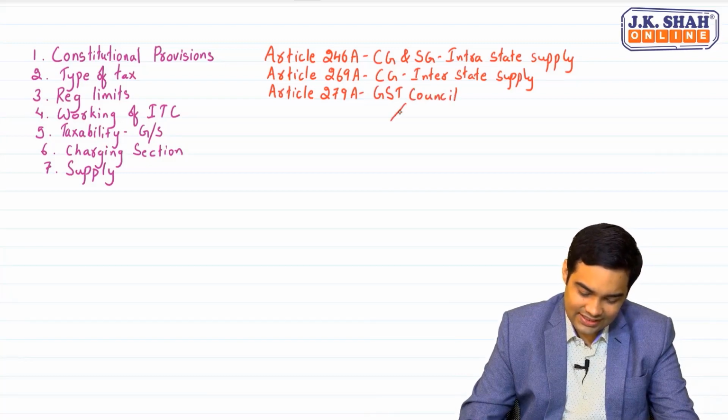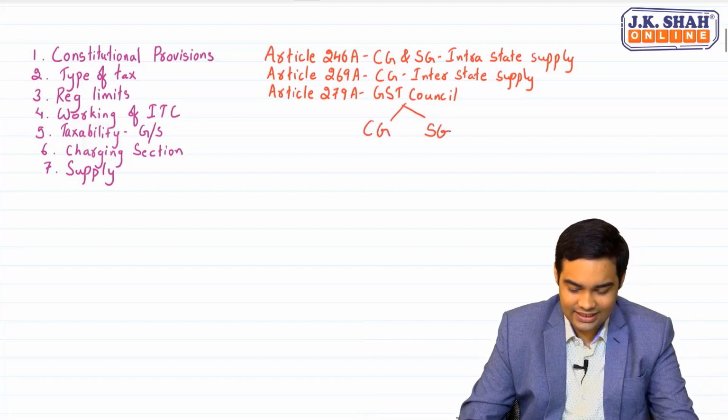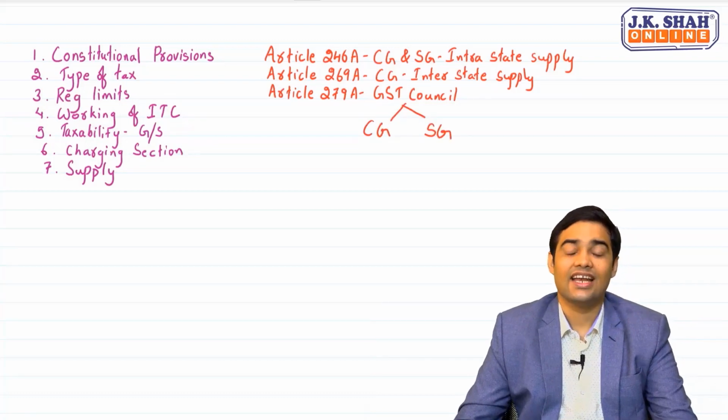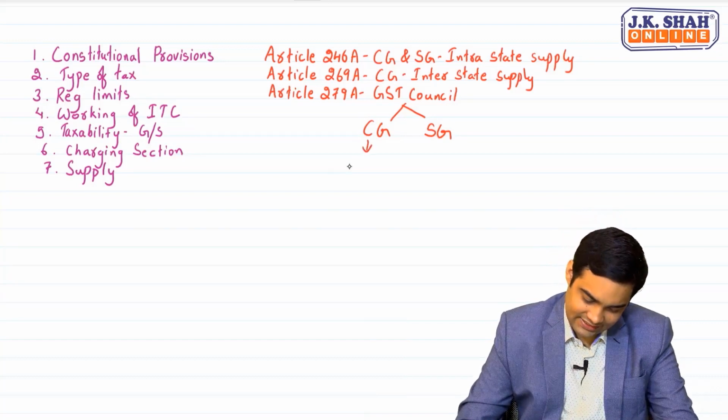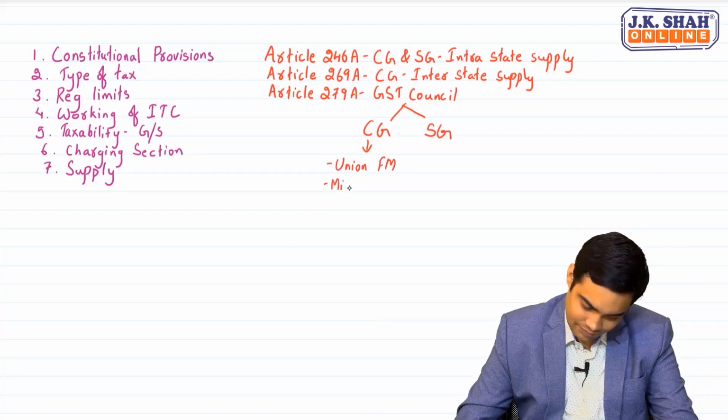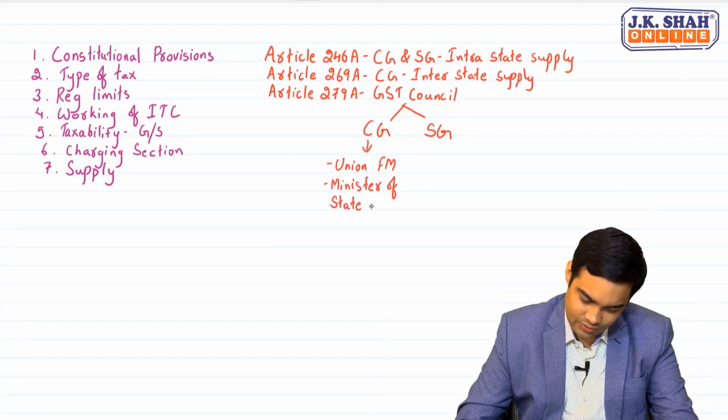Now, GST Council, you have central government representatives and state government representatives. Now, the question arises, who is the representative on behalf of central government? The law provides that there would be Union Finance Minister and Minister of State for Revenue.